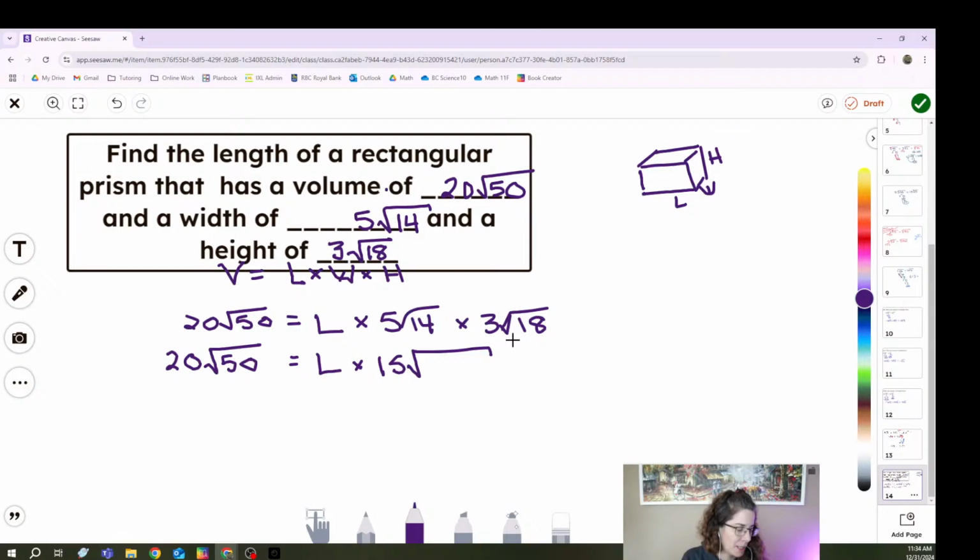Since this is multiplying to my length, how do I get rid of this? If I'm not factor treeing it, no. If I want to get L by itself, how do I get rid of what's being multiplied to it? Think back to just something simple. If I had 3 equals 9x, how do I solve for x?